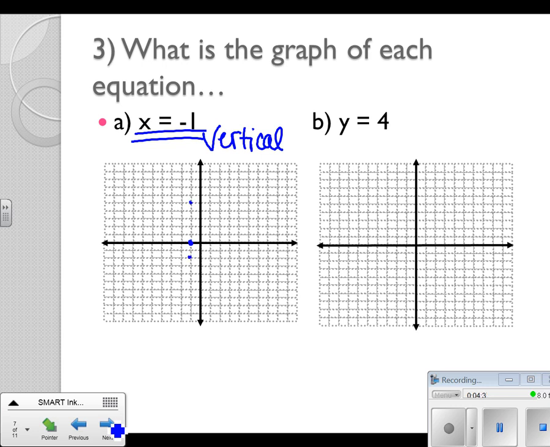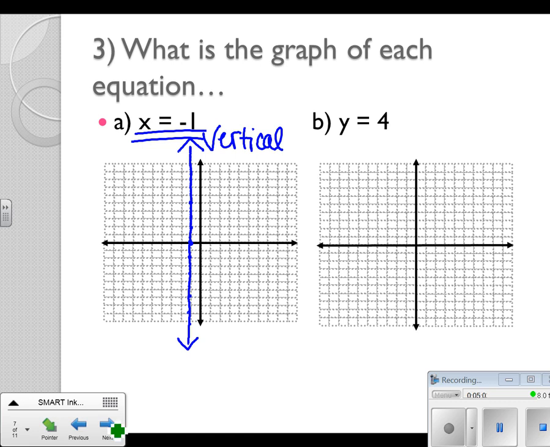It could be here. All of these points on this vertical line, x would be negative 1 for all of these ordered pairs. So x is always going to be negative 1 on this vertical line. That's 1 to the left of the y-axis. So once again, all x equals are vertical.